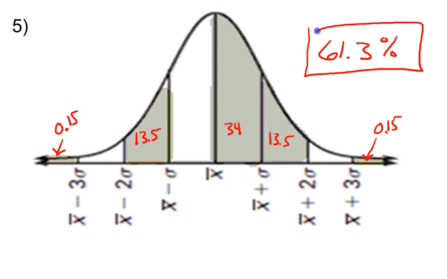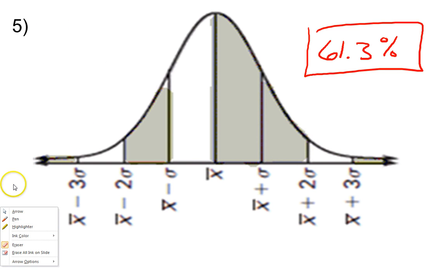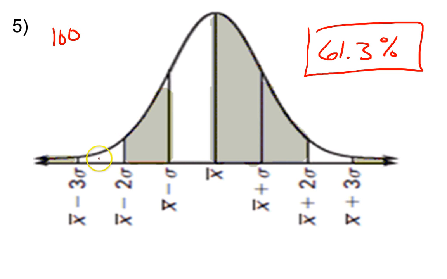So that's number 5. It's also valid to subtract if you want to. It's actually slightly faster if you subtract instead, so let me show you. Because there are fewer shaded areas, it would be slightly faster to start with 100% and subtract the 3 unshaded areas.